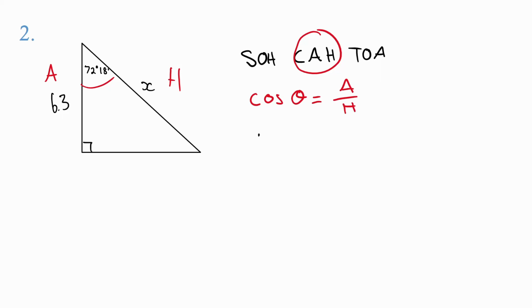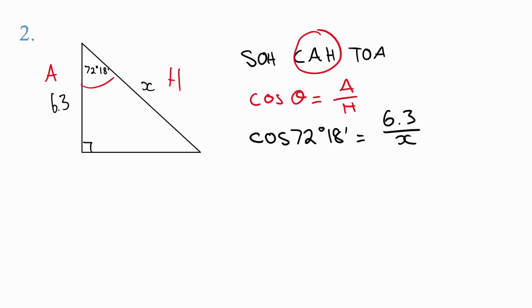Down here, let's substitute in our values. Cos 72 degrees 18 minutes equals 6.3 over x. Now that we've got that, we can rearrange it.